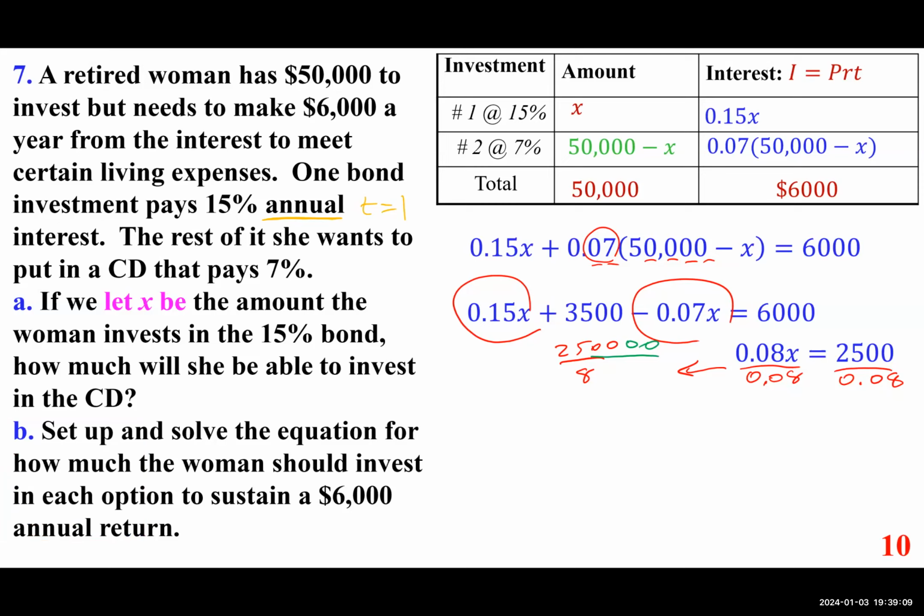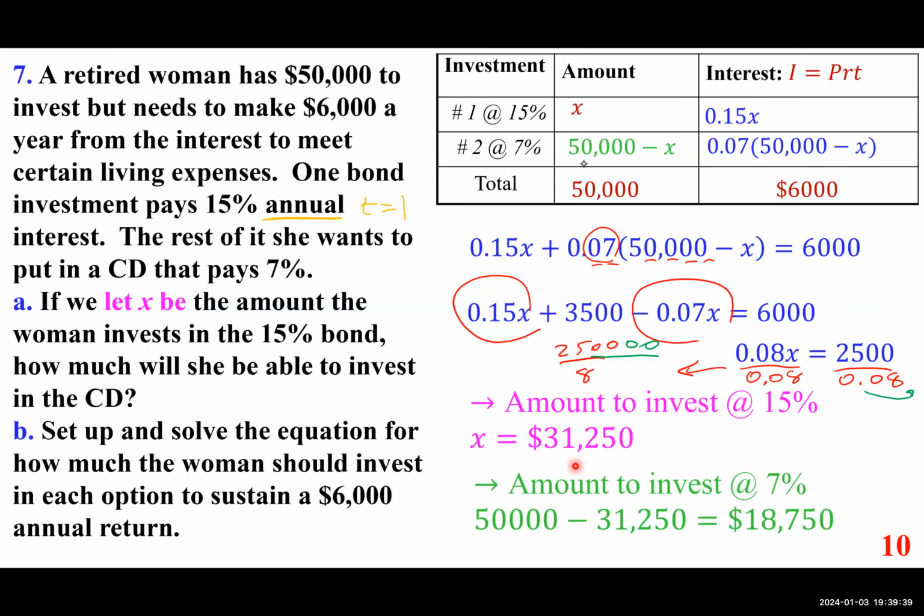Because I moved the decimal to the right here. And now you can do the math, and you end up with 31,250, which means this much we put for X for the 15%. The rest of that, 50,000 minus 31,250, or 18,750, we put it at 7%.